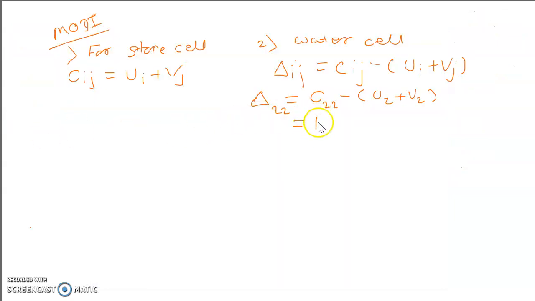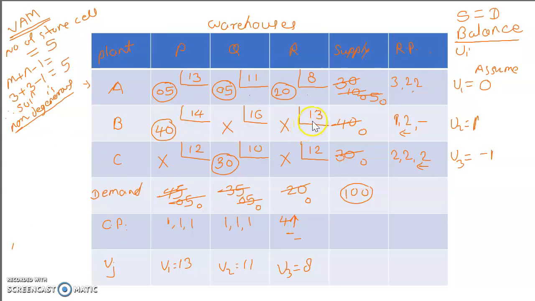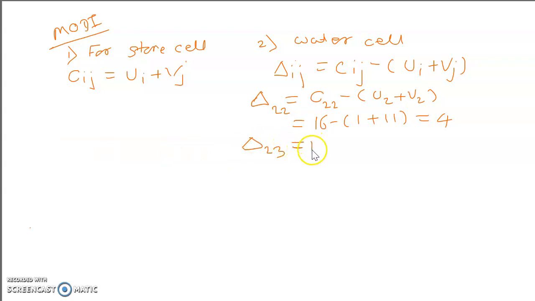So 16 minus (1 plus 11) is equal to 16 minus 12, that is 4. Then proceed to the next water cell, delta 23. The value of C is 13, U2 is 1 and V3 is 8. Therefore 13 minus (1 plus 8) is equal to 13 minus 9 is equal to 4.